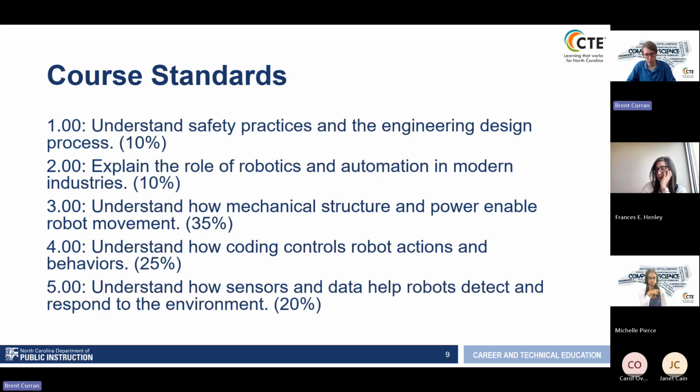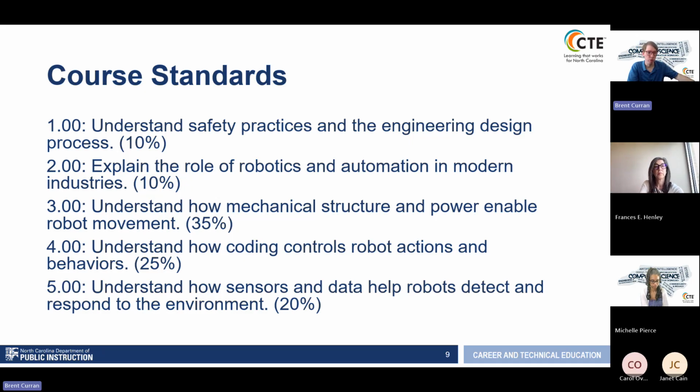These are our course standards. All of these are written at the B2 understand level. It is a middle grades course. We're going to start off with safe practices in engineering because safety should be day 1 and go through the rest of the course.